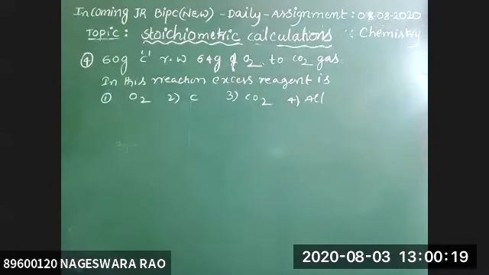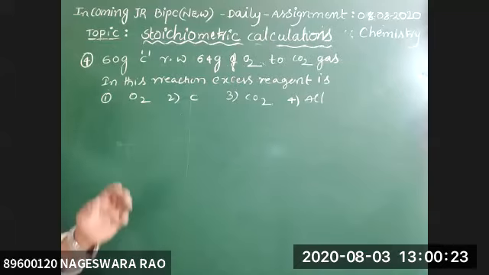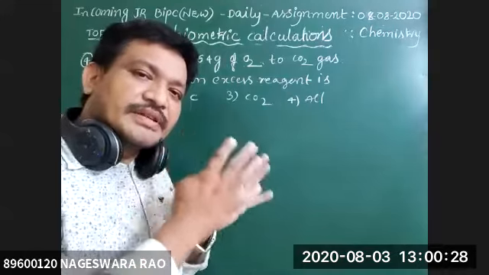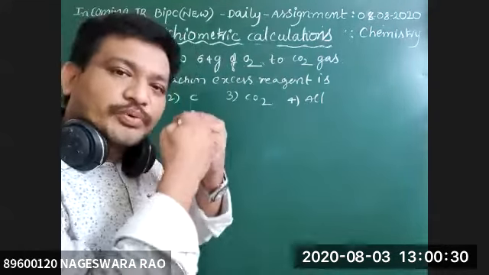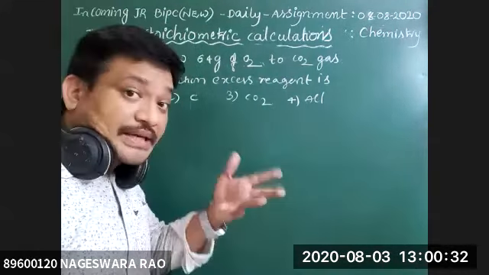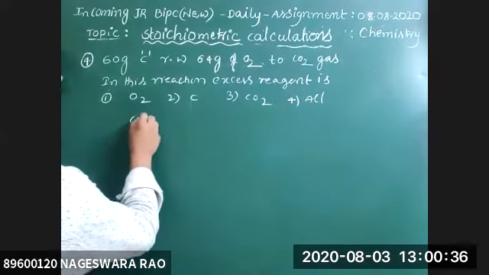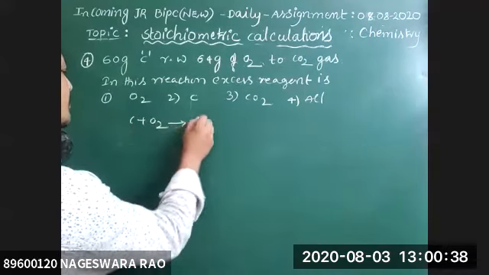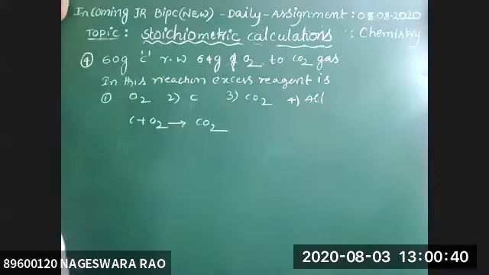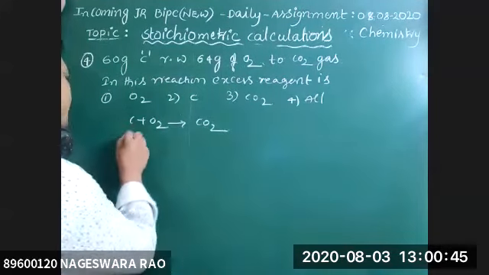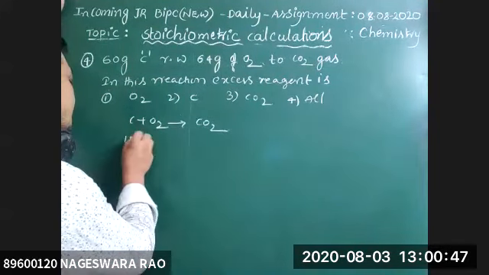So how to think about it: reactants only. Don't think about products. How to identify the limiting reagent and the excess reagent? Excess reagents are reactants, so think only about reactants. C plus O2 gives rise to CO2. 12 grams of carbon react with 32 grams of oxygen.